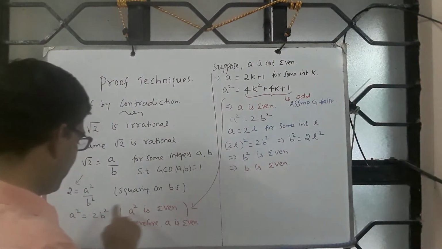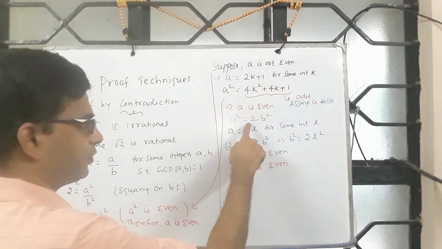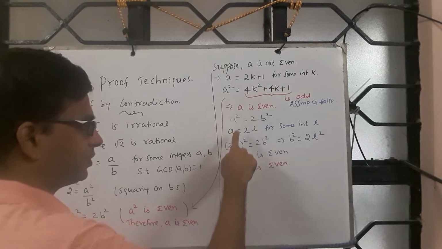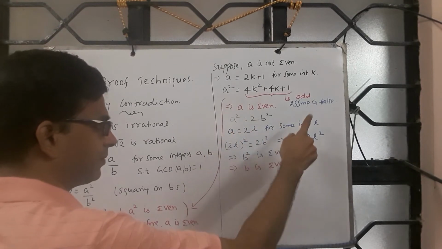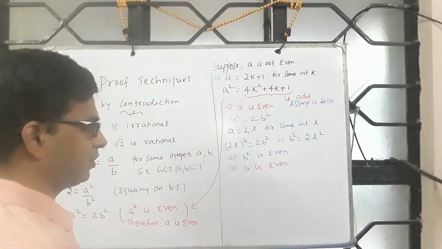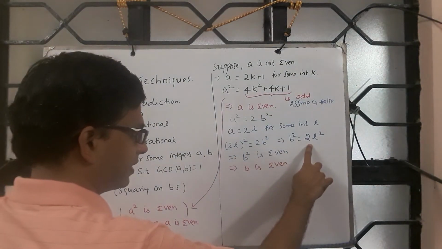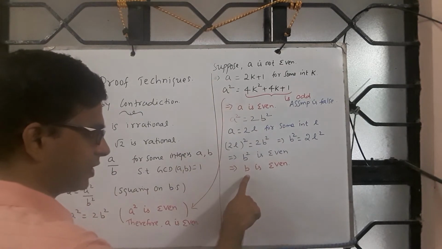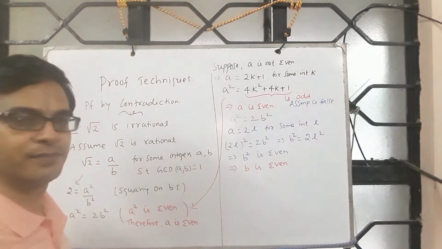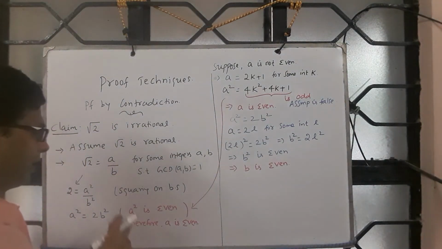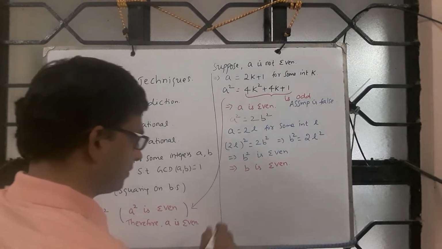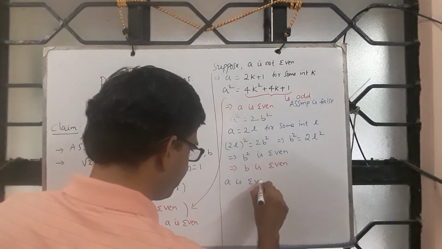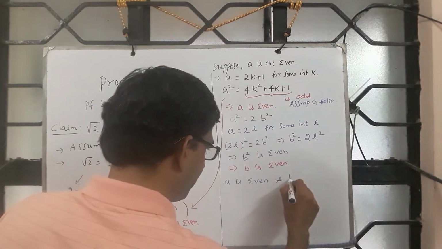Now go back to this: a square is equal to 2b square. Just now we have established a is even. So a is 2l for some integer l greater than or equal to 0. So from this you see that b square is also even. If you run a similar proof, you can show that b is also even. Okay, and revisit this. So now a is even and b is even.